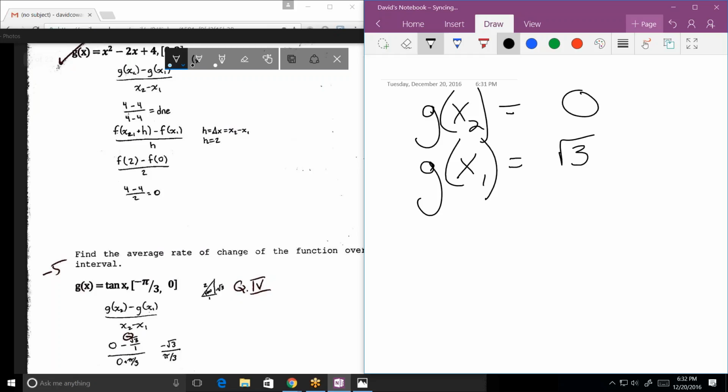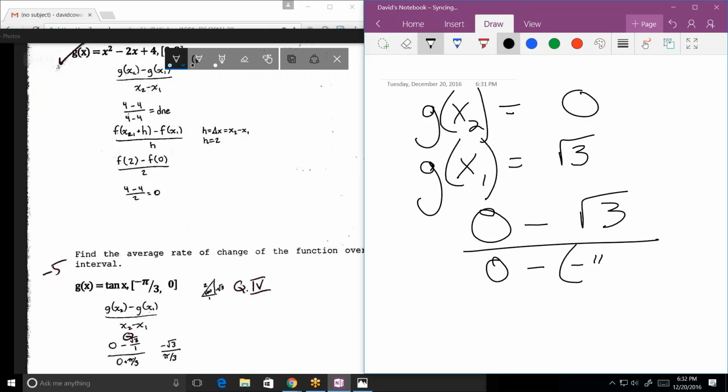Okay? So when I take the numerator, I've got 0 minus square root of 3. And then the denominator is going to be 0 minus a minus pi over 3. I've got to go in the same order. So what I end up with is root 3 over a positive pi.